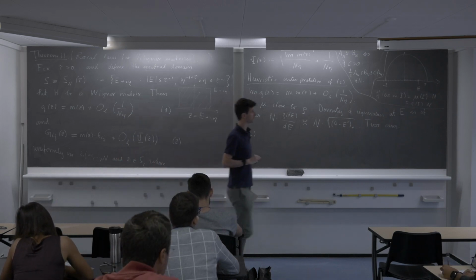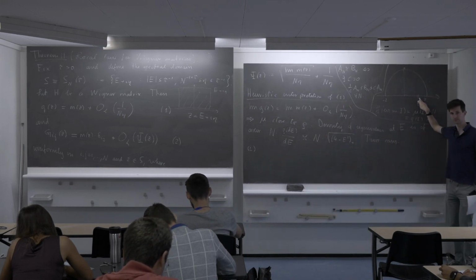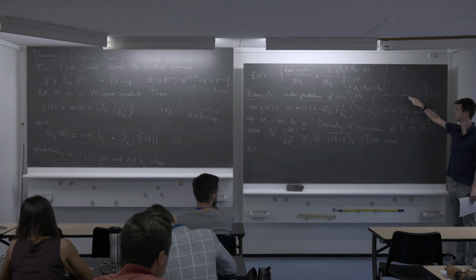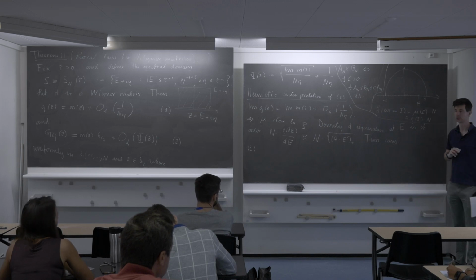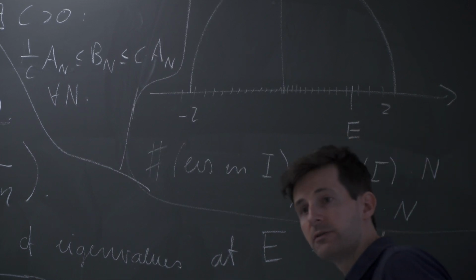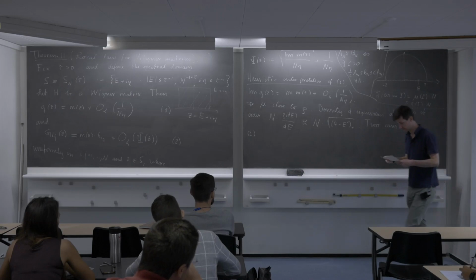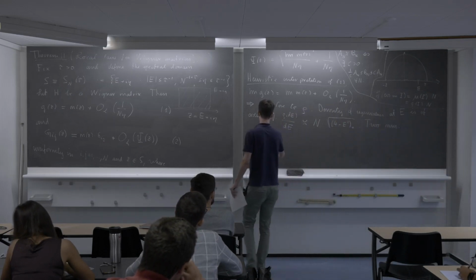One is the so-called bulk, and bulk refers to the fact that you are inside the spectrum, for example here or here. And the other one is the edge, which refers to the fact you are at the edge of the spectrum. And things look very different depending on whether you are at the edge or in the bulk. So let me first talk about the bulk.